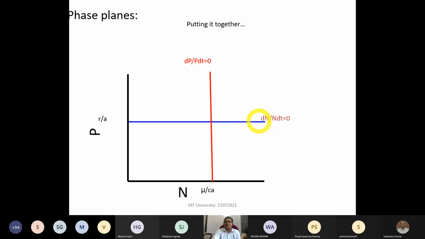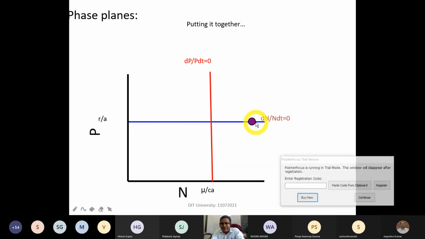So let's start with our solution from one point. Let's say here. What will happen? This is the initial point where prey growth does not decay or grow. So there is no change in prey, only the predator will change. The question is where it goes.